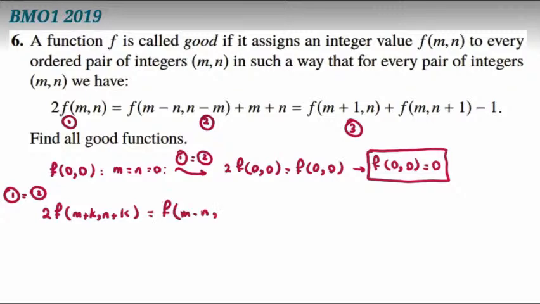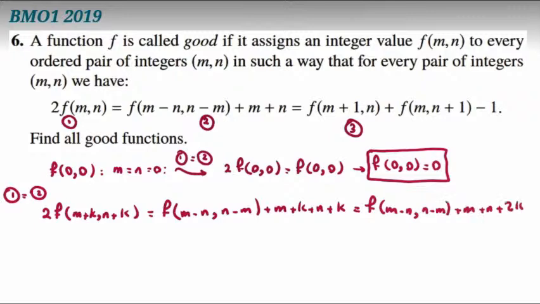But in the next term, m minus n, n minus m, the k will be cancelled, plus m plus k plus n plus k. So we can conclude what? We have this term, which will be f of m minus n, n minus m, plus m plus n plus 2k. Now, if I write it for mn, 2f of mn equals f of m minus n, n minus m plus m plus n.